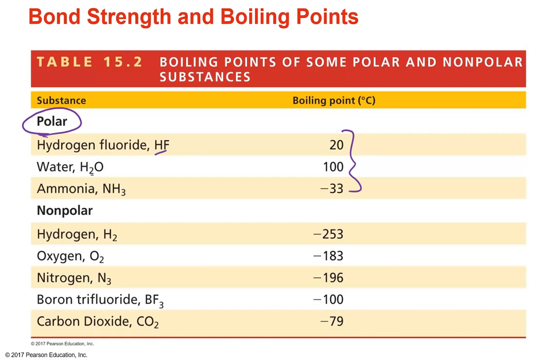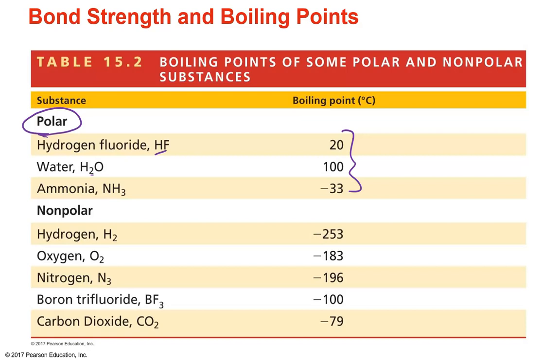Okay. 100 Celsius, well, no, it doesn't get to 100 Celsius, does it? That'd be 212 Fahrenheit. But these are in the ballpark of everyday temperatures. We boil water at 100 degrees Celsius all the time. So water, ammonia, hydrogen fluoride, they all have boiling temperatures that are everyday type temperatures.